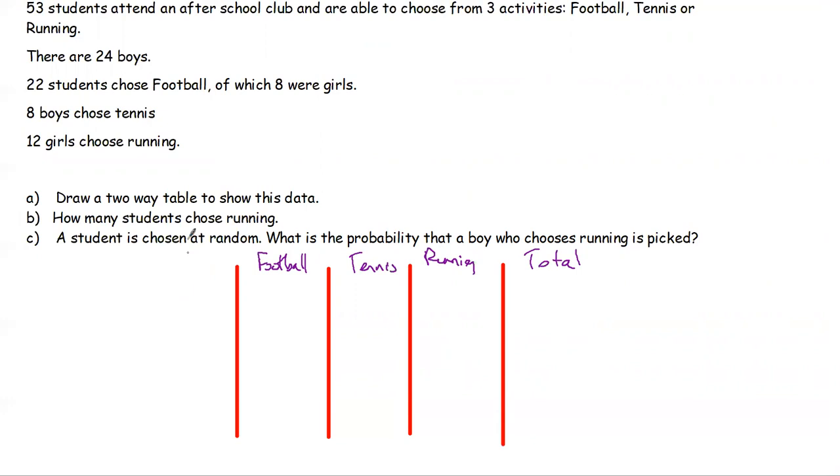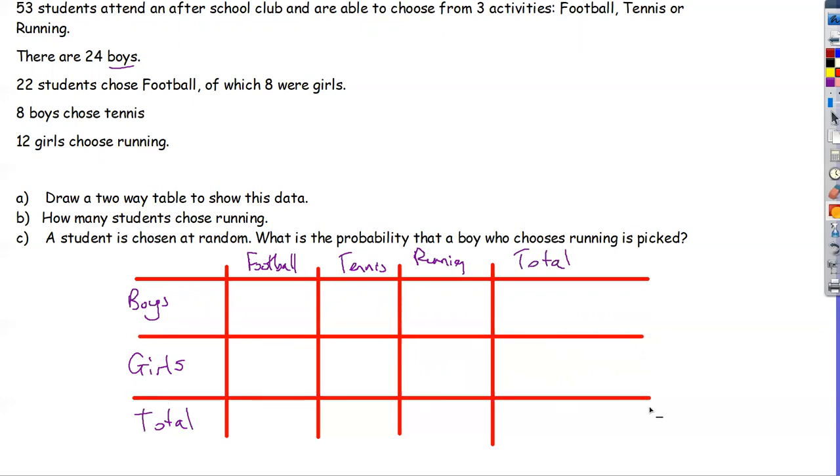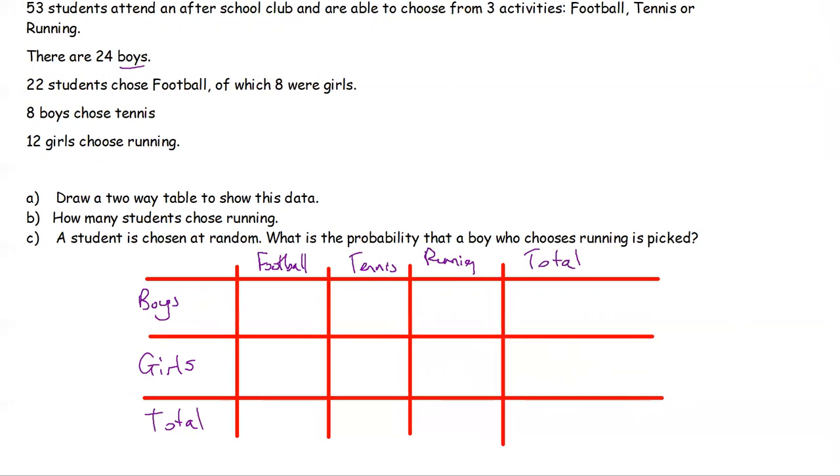And on the sides, you're going to need boys and girls, and then a total there. Okay, if that table's set up for you, it's that easy, it's just setting it up for yourself. And then you should be able to know how to fill this in.